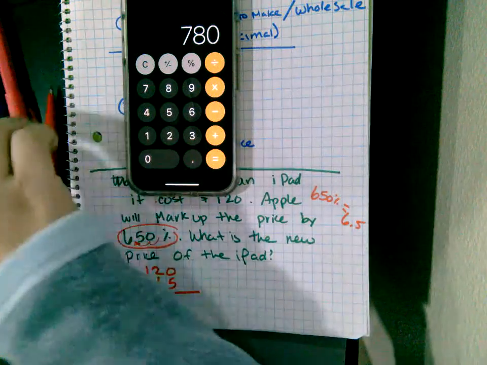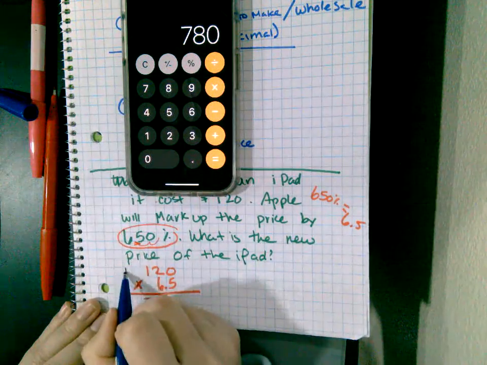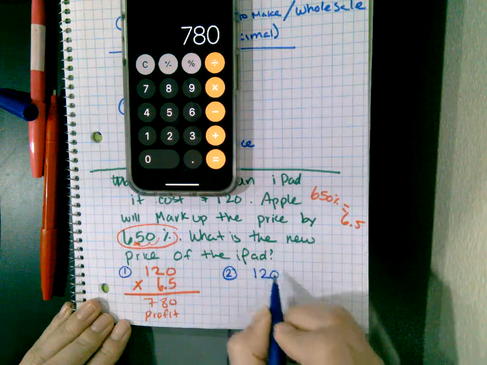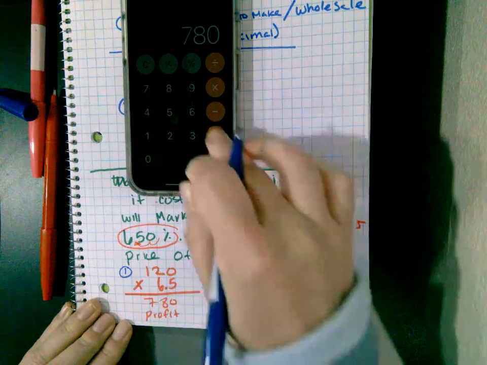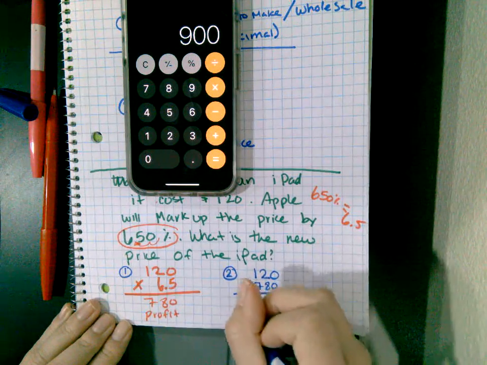Then the second step is to take 120 and add $780 to it. And it's $900.